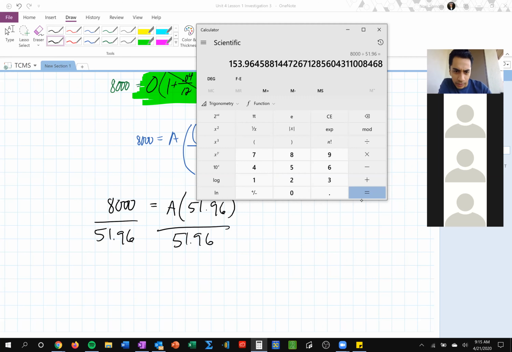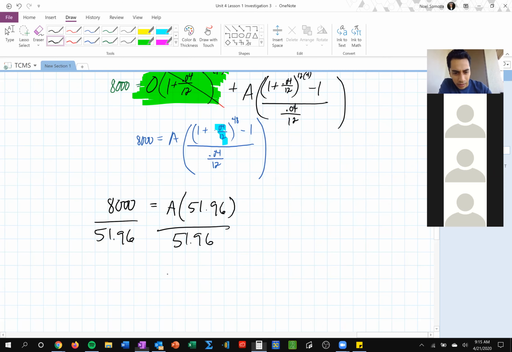All right, cool. So here we get that A, the recurring deposit amount, has to be just below $154. So A is equal to 153.96, which is approximately $154, right? Okay, and so that's the setup.